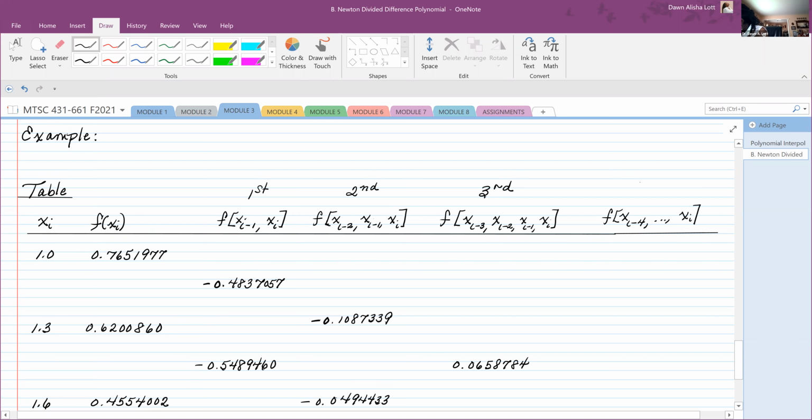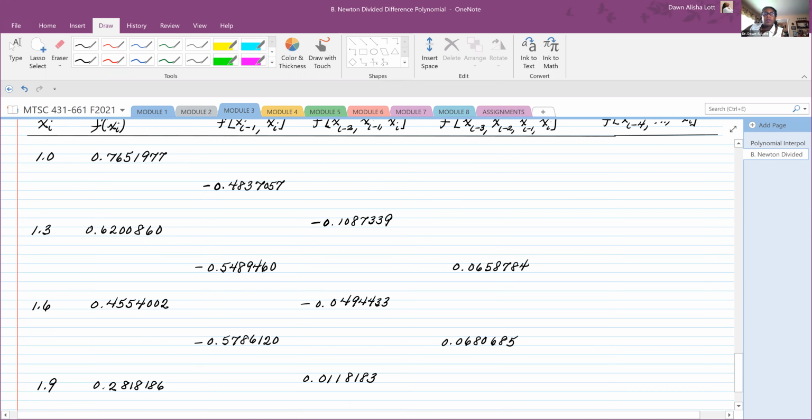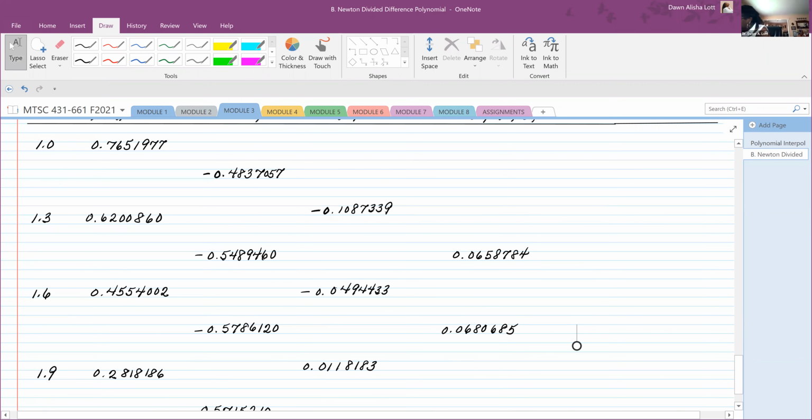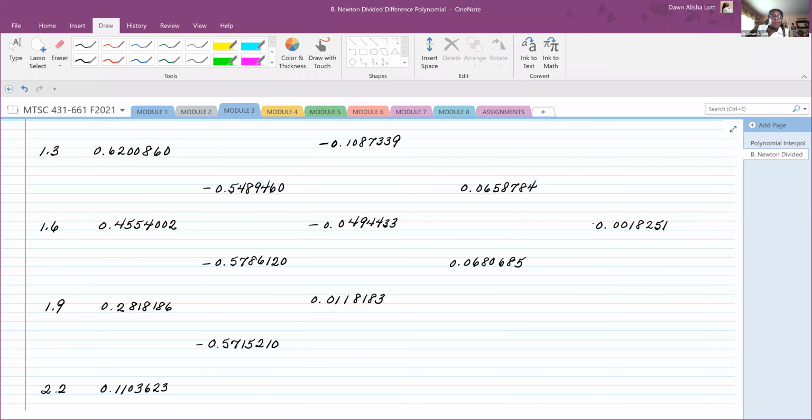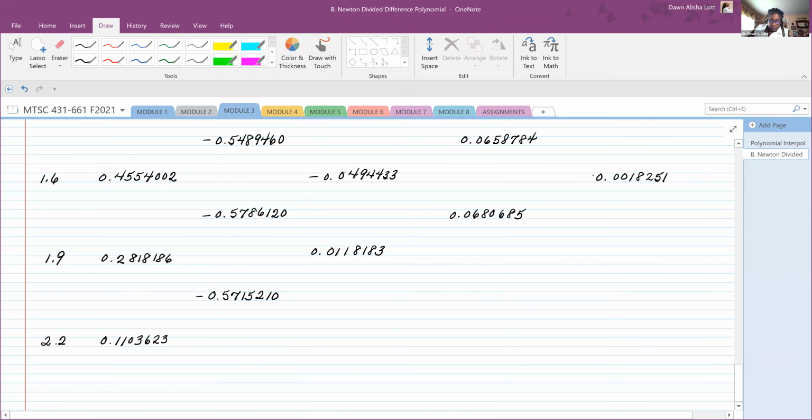So this is the fourth one. And there's only one of those. And that is on the same line as this one, which is 0.0018251. Okay, woo, that takes some work, but the computer does this very quickly. Okay, so now I have all the Newton divided differences.